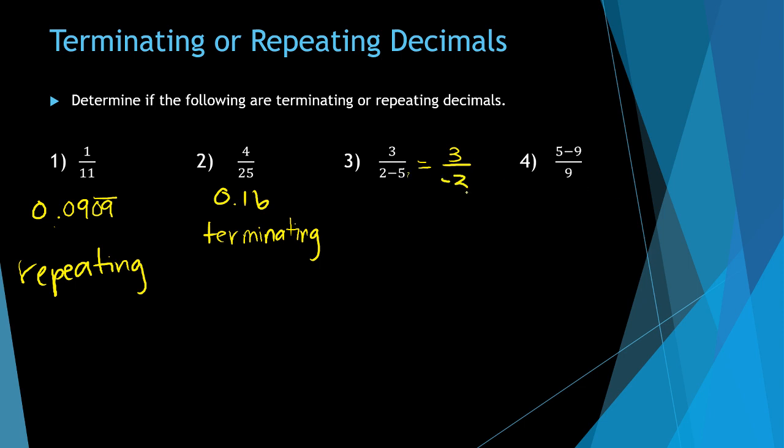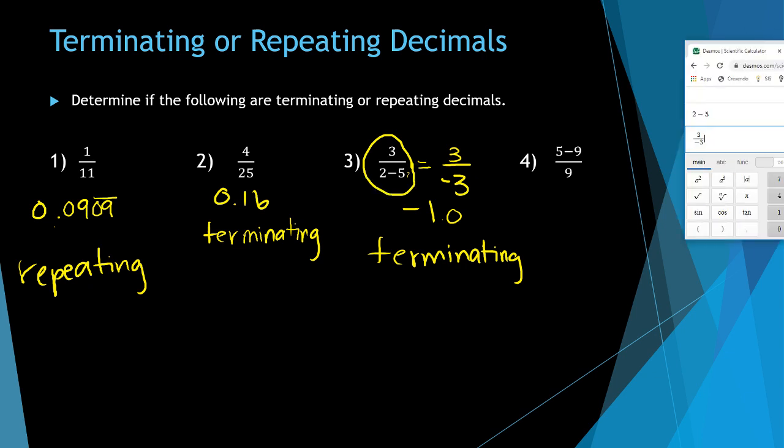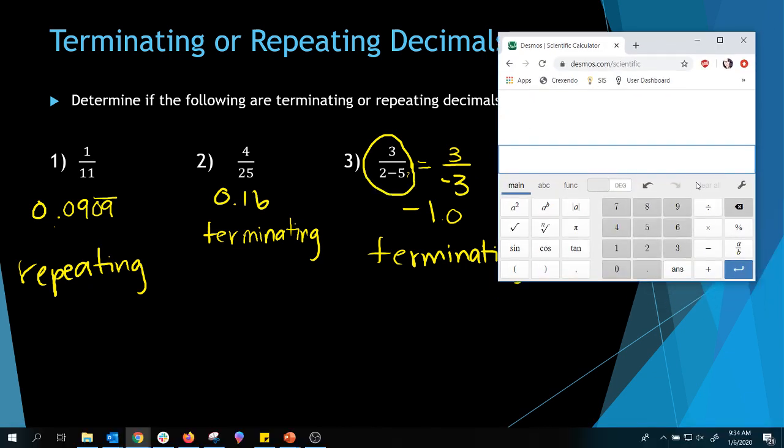Negative 1 technically isn't a decimal, but it has a point 0 at the end, which stops. So this is terminating. If you wanted to, you could type this into the calculator how it is, and you'd have 3 over 2 minus 5, which still gives you the same thing.